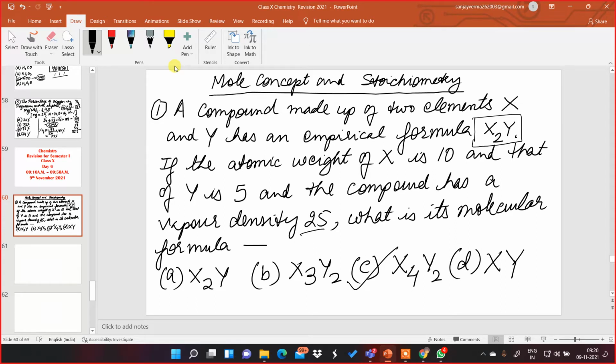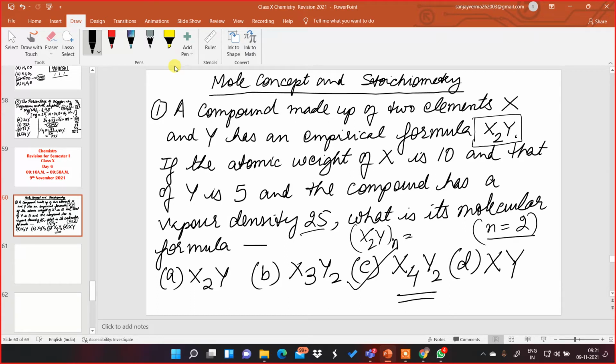So 50 divided by 25 is 2. That is the factor n, and the value of n is 2. You have to multiply this 2 to the empirical formula. The empirical formula is x2y, and outside you put 2. So it becomes x4y2. That is the correct answer.